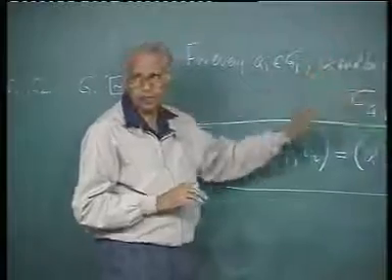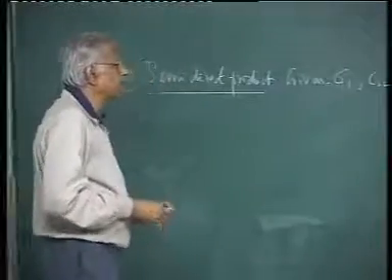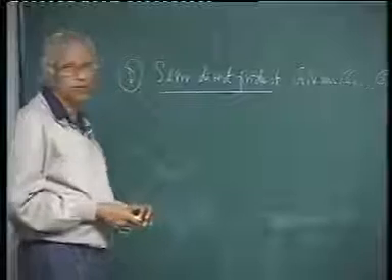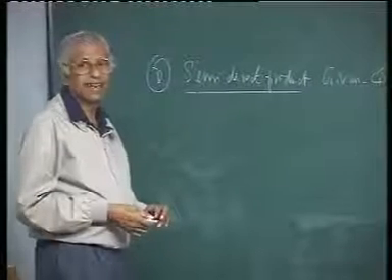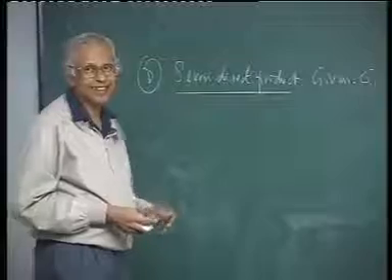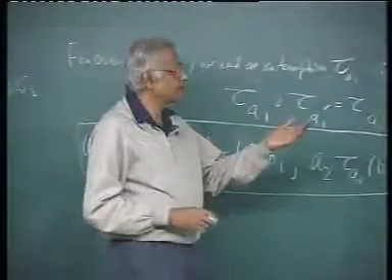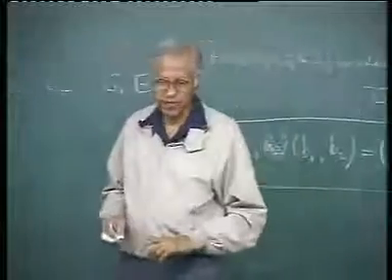Can you see in what way a direct product is a trivial case of a semi-direct product? All taus are identity. Okay? So you see in what non-trivial way one has gone from direct product to semi-direct product.